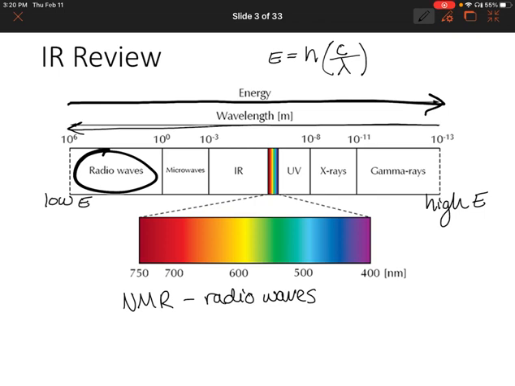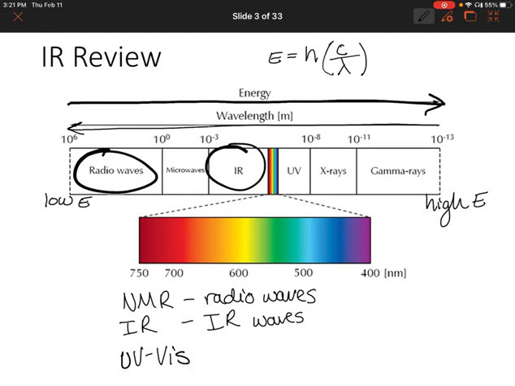But we'll talk about that in the next chapter. IR spectroscopy, obviously, will use IR light or waves. So that's a little higher in energy than radio waves. And there's another technique that we've used in the past called UV vis spectroscopy, and this will obviously use UV light and visible light.